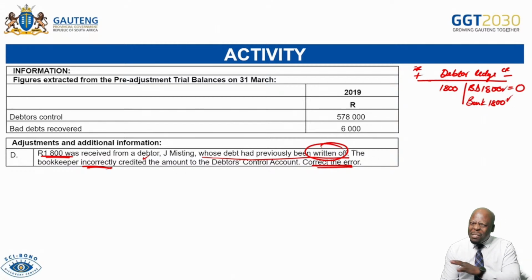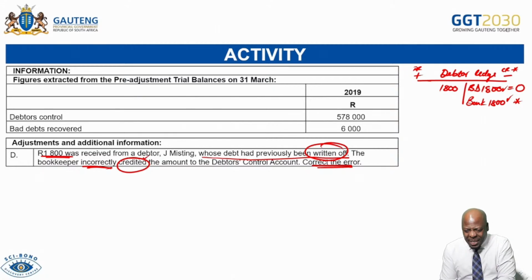Is that correct? Certainly not. Why? Because this account was already written off. The bookkeeper was not supposed to credit the amount in the debtor's control. The bookkeeper was not supposed to do that. And when the bookkeeper did that, that was an error.